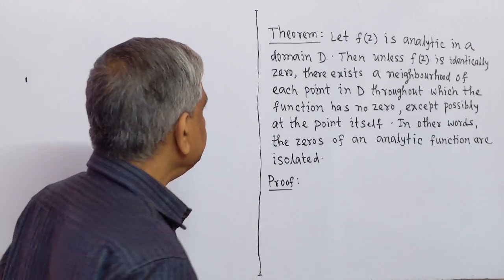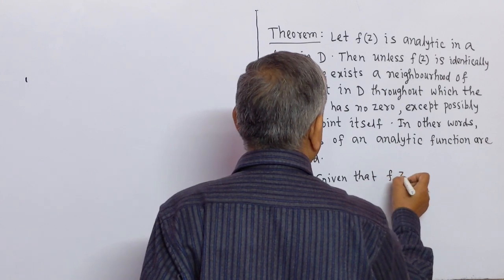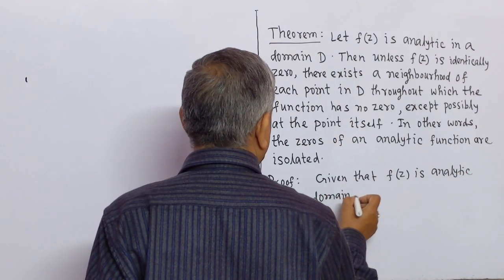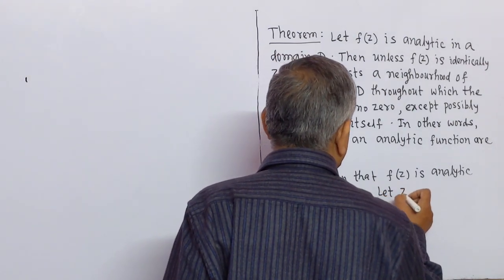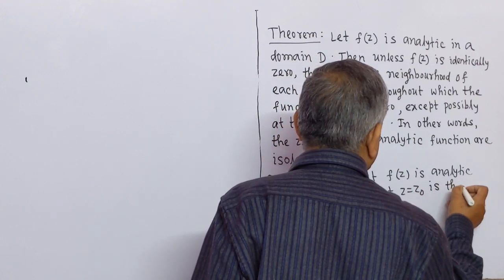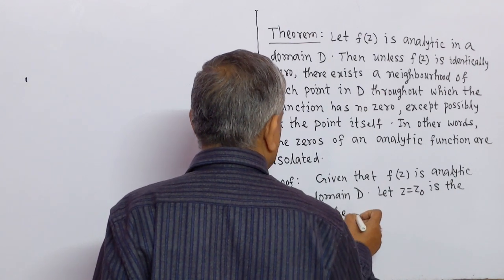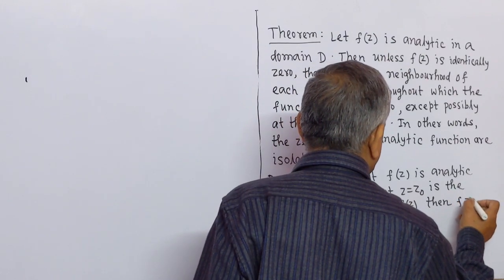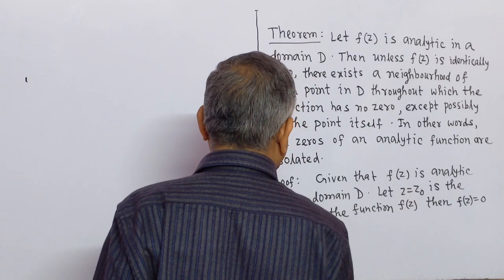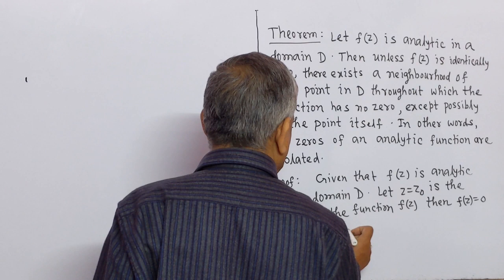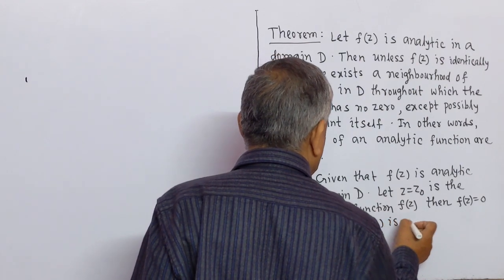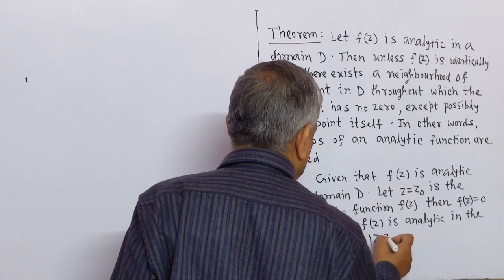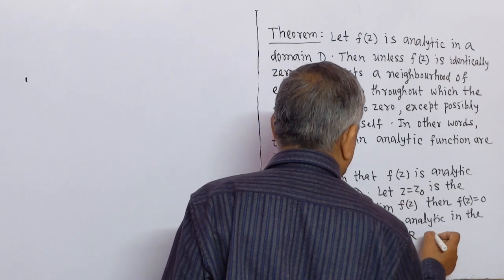Now we prove this. Given that function f(z) is analytic in a domain D. Let z equal to z naught be the zero of the function f(z), then f(z) equal to 0 at z equal to z naught, and f(z) is analytic in the neighborhood modulus of z minus z naught less than r of z naught.